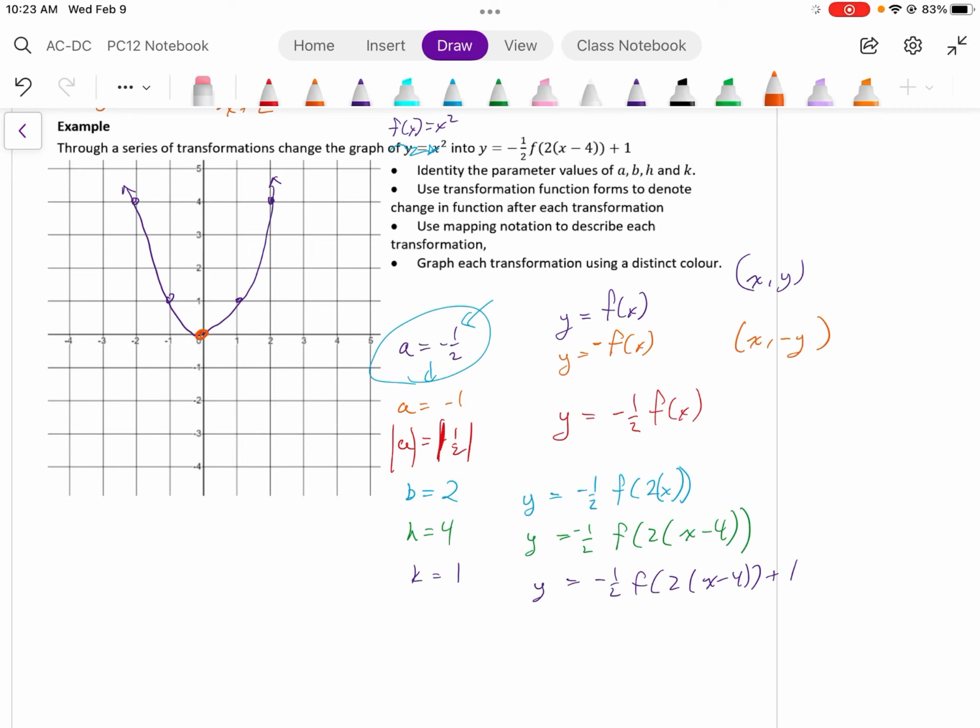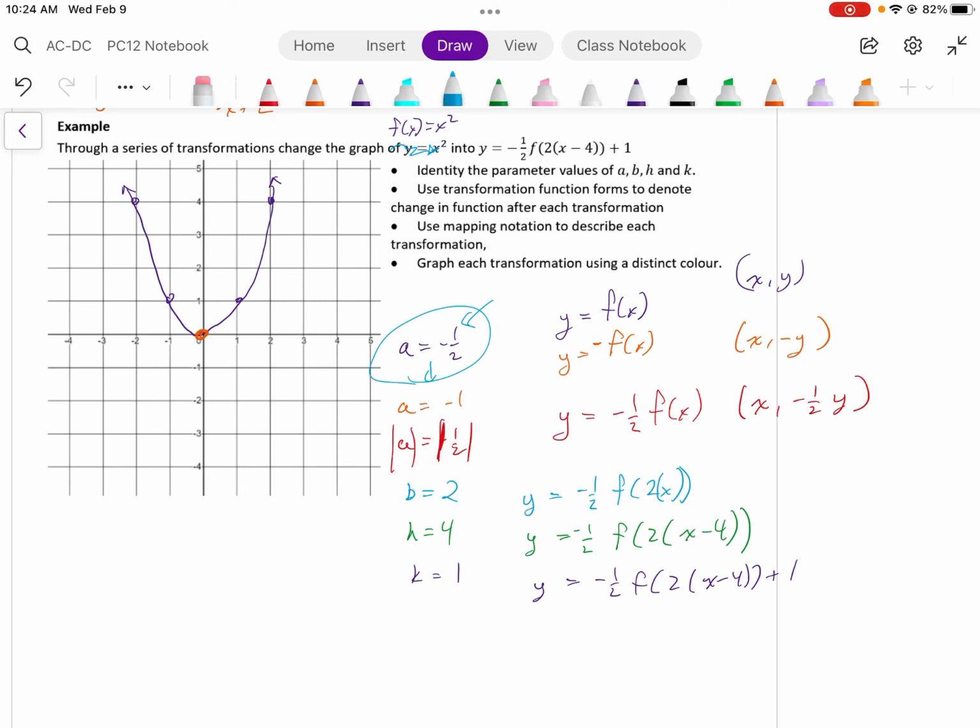That's how my points transform. Now the stretch by a factor of 1/2 vertically: I'm going to take my old point and multiply my y value by 1/2.